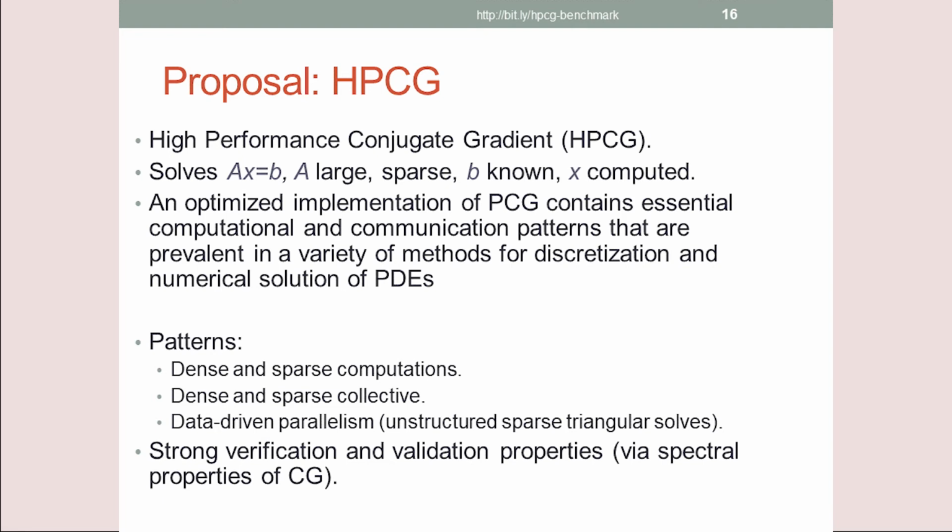How you do that sparse matrix vector product and how you pass data around in your cluster. It's a brutal benchmark, but it's also quick. Yeah, so that's another facet or feature of the benchmark.